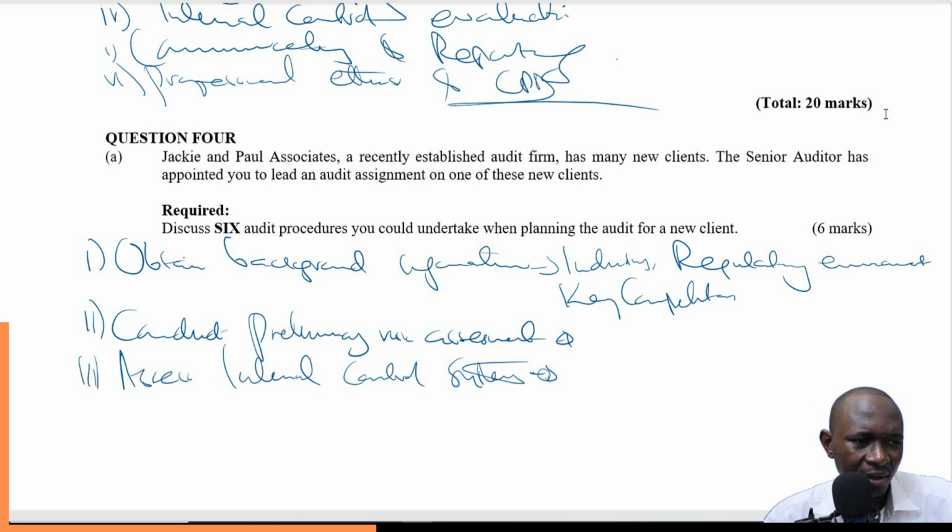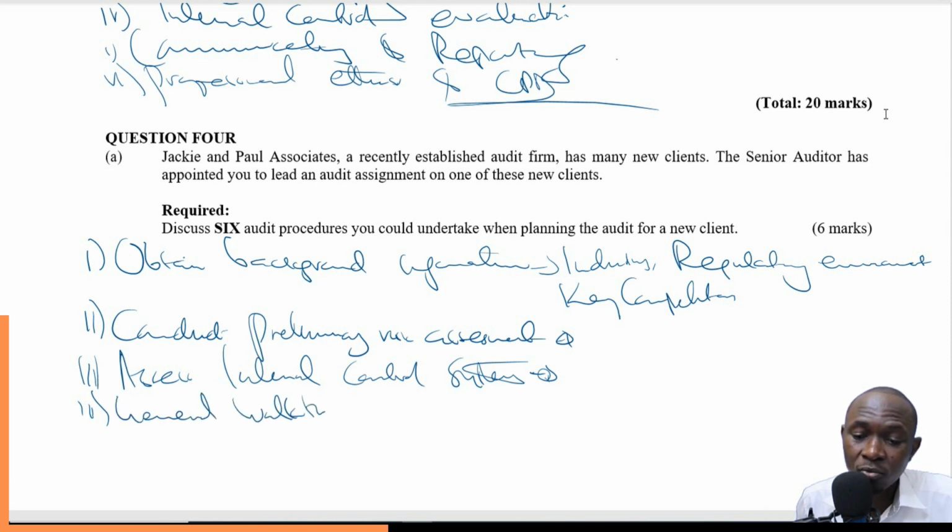Then we also talk of performing a general walkthrough in the client's organization.